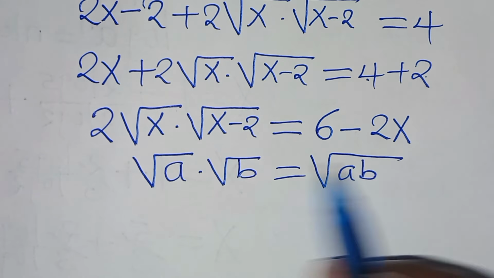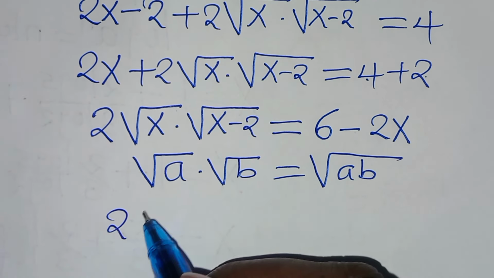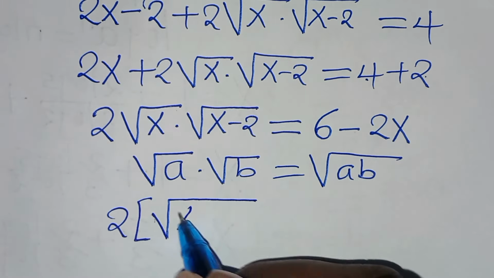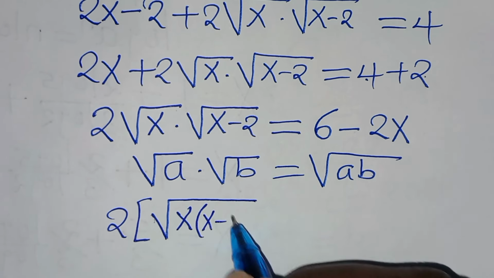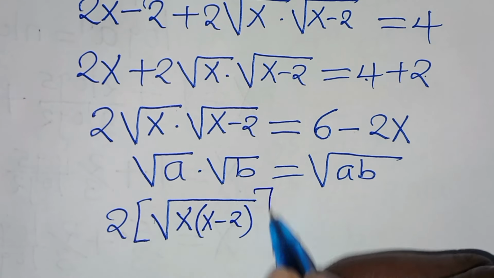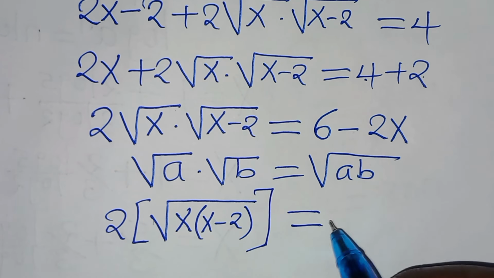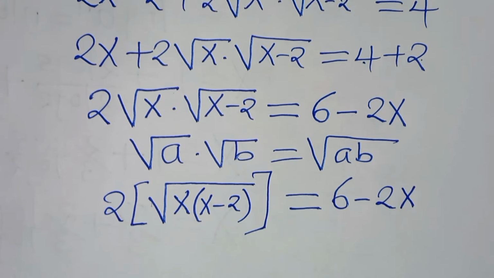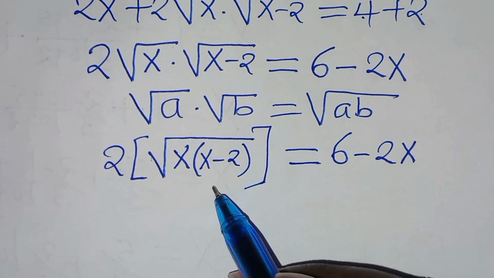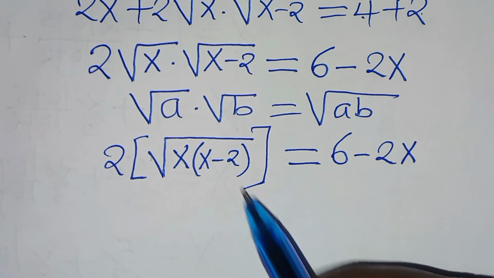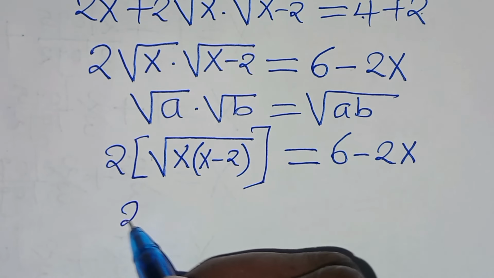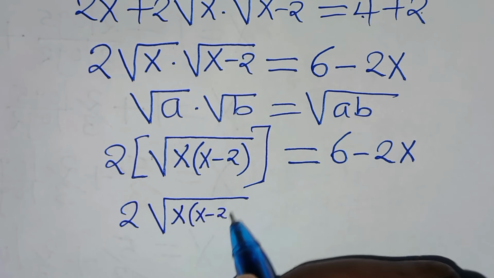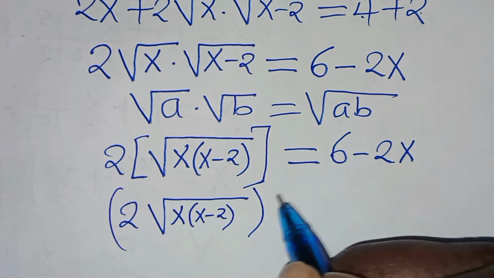Applying this property, we have 2 times the square root of x multiplied by x minus 2, which is equal to 6 minus 2x. Now, let's square both sides from here.